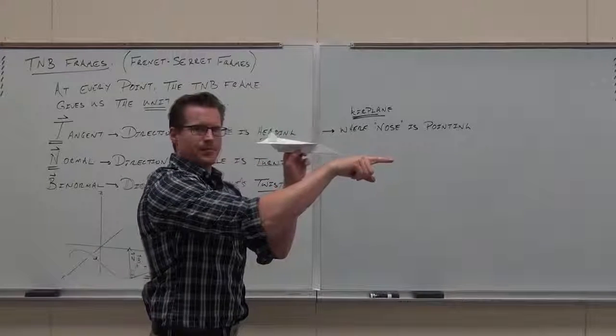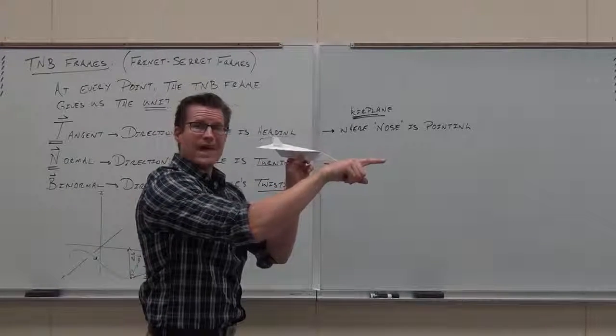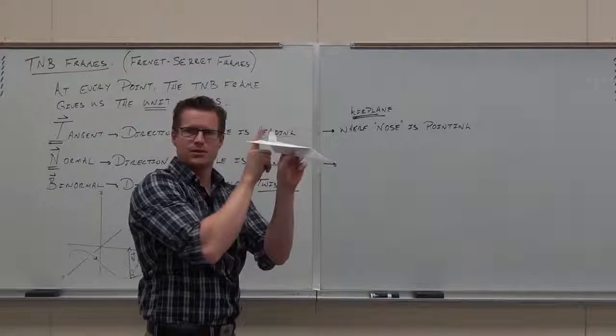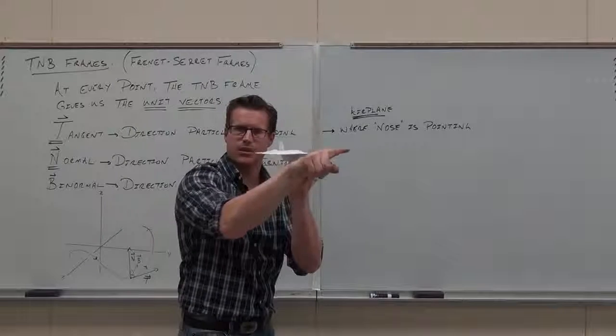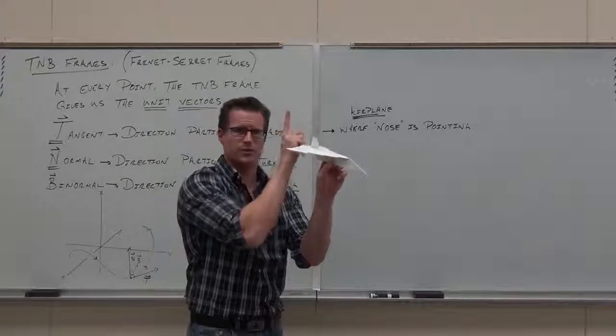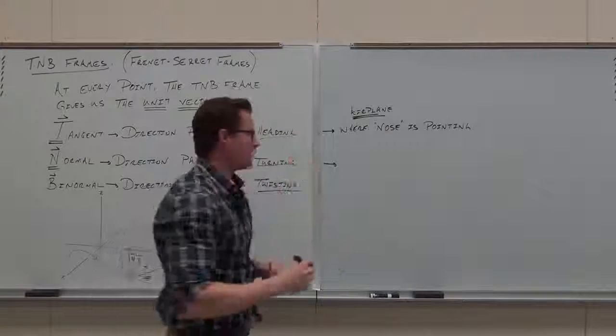That's the T. The N is where this tail fin is pointing. Do you guys see the interplay there? T is this way, N is this way. The tail fin is perpendicular to the T. It's perpendicular to where the nose is pointing. So the N is where the tail fin points.